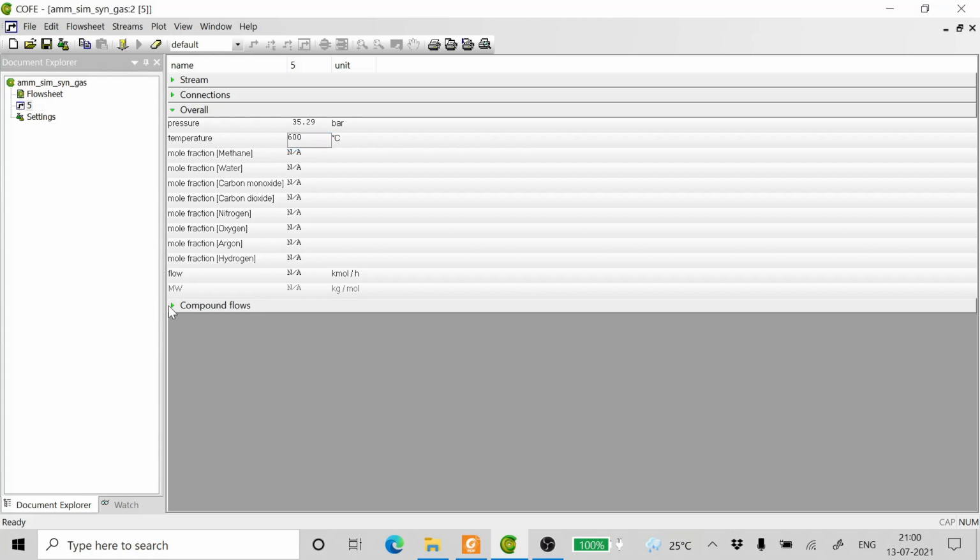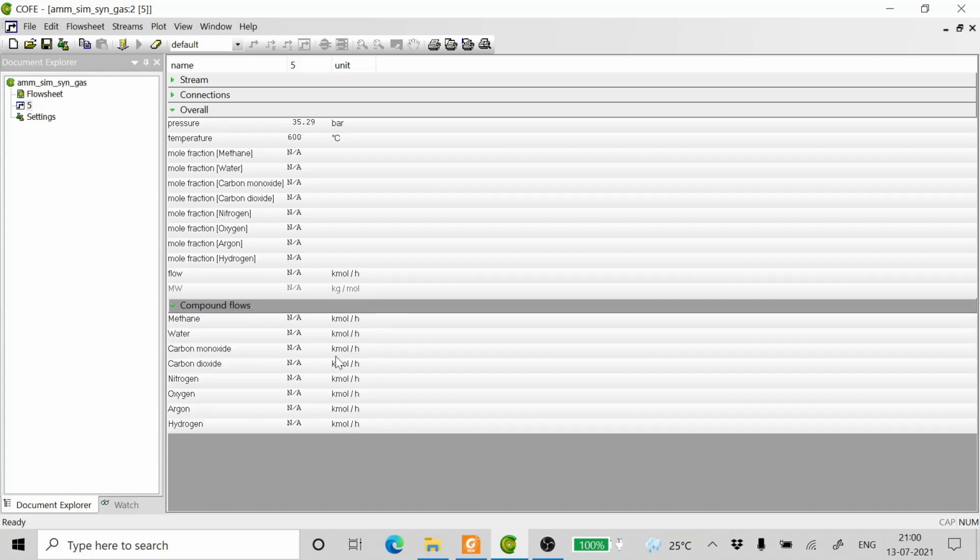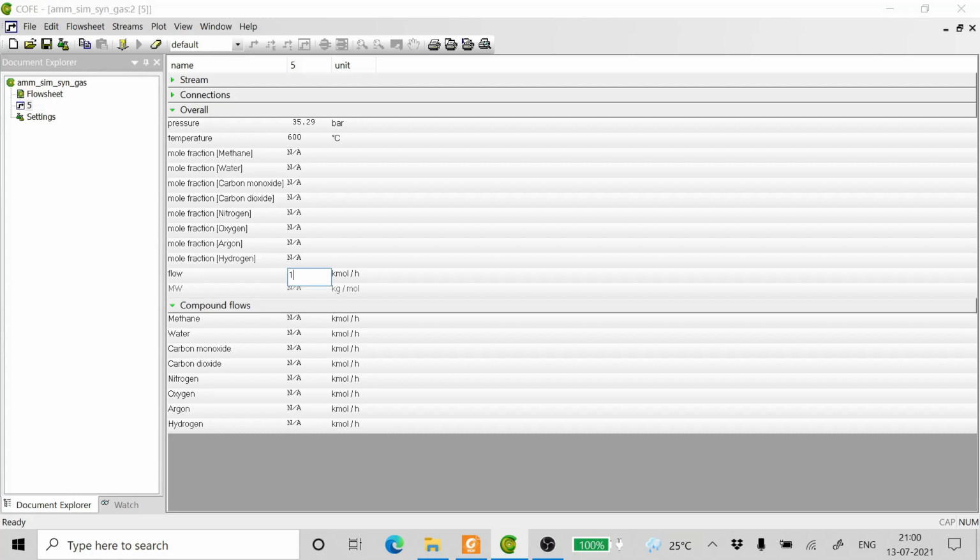And what we do is, to start with, we put a flow of 1 kilomole an hour here, and the amount of nitrogen is 0.79, and the amount of oxygen is 0.21. We fix this ratio.